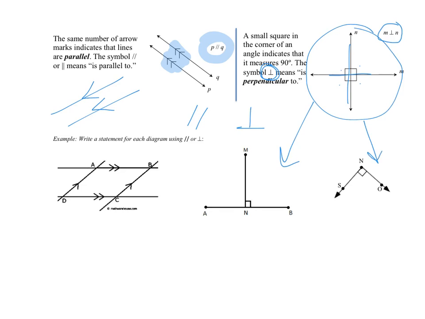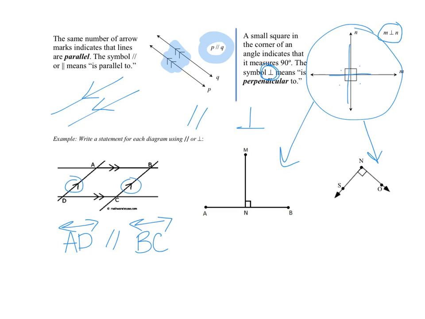So we're going to write some statements for each diagram using the parallel or perpendicular symbol. So in the first one, we could say, because we see these single marks here, I can say that line AD is parallel to line BC.